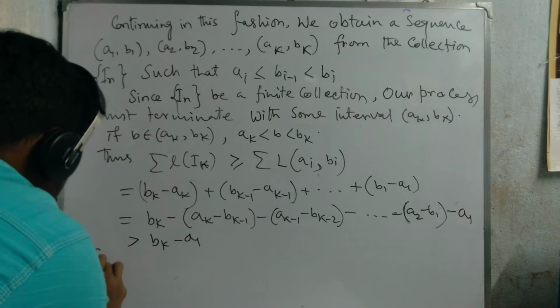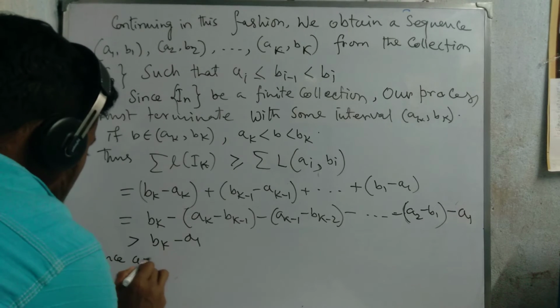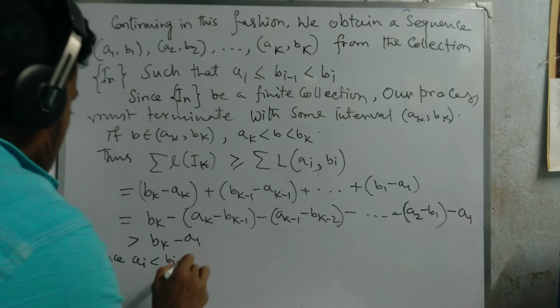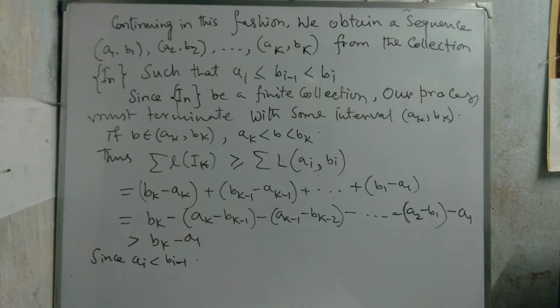Then what happened? Since Ai is less than Bi minus 1, this one happened. Then what do we get?